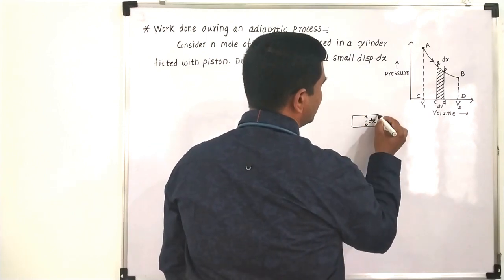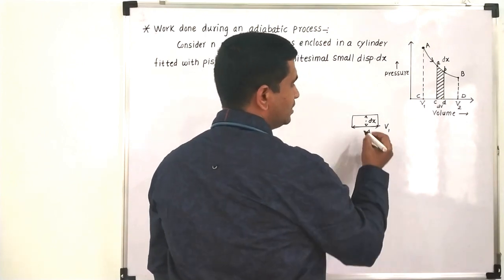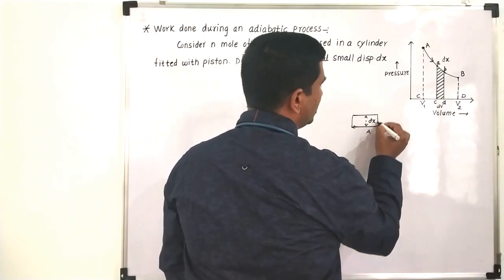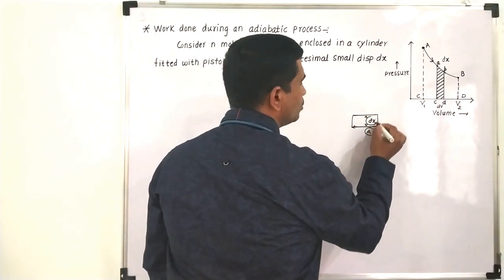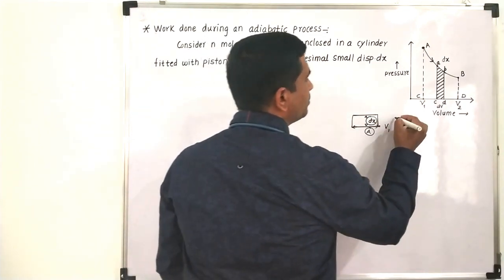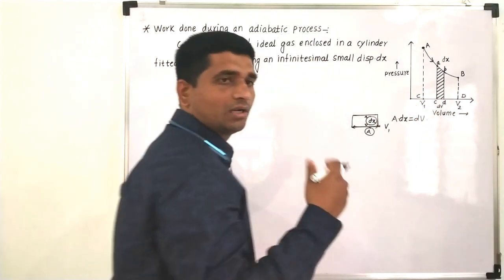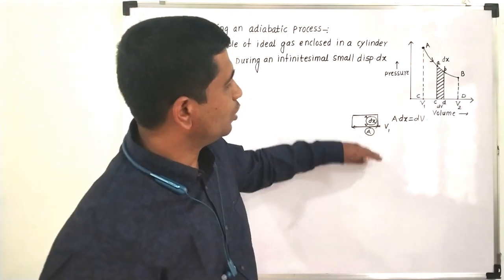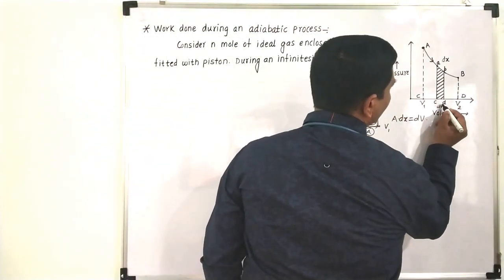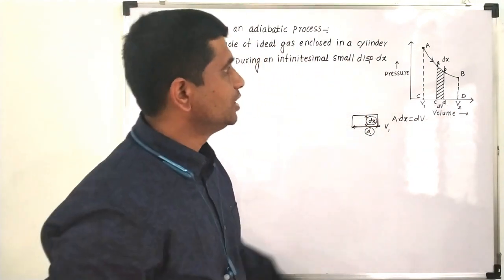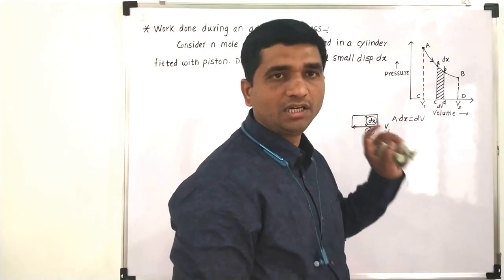If I consider the area to be A, then this area into this displacement, which we consider as a height, will be nothing but A into dx. That will be nothing but the change in volume, or the volume increased by the gas. Here I have represented that volume as dV. So the volume of the region A, B, C, D is dV.